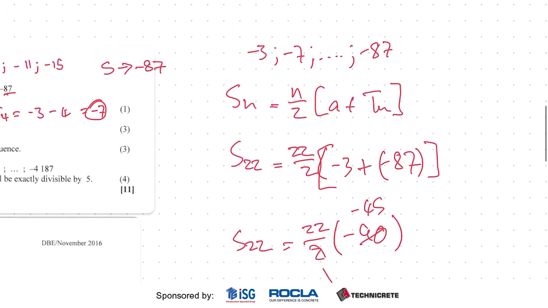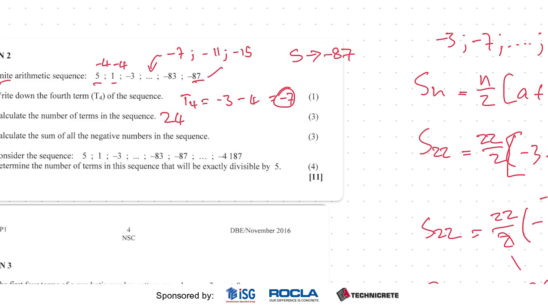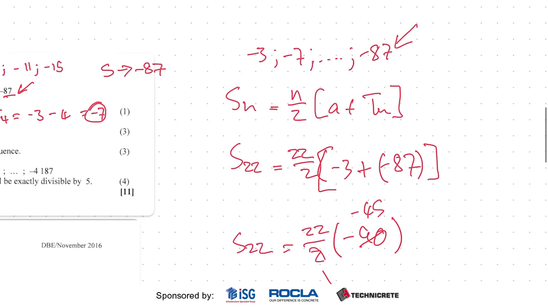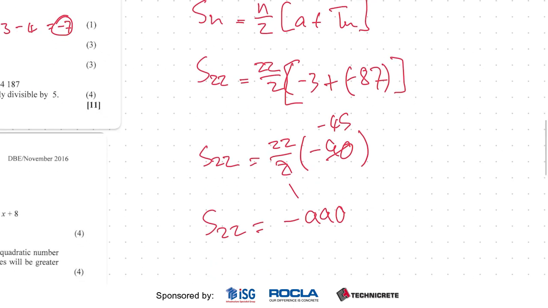If you don't redo the series like this, you can just do the sum for the given series, and then just subtract 5 plus 1, which is 6. So you can just do the sum for the first series, and then subtract 6 from it, and you would get back to this answer. So both ways work.